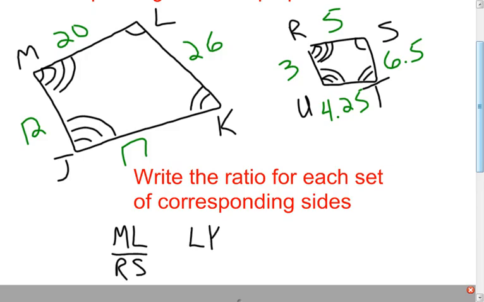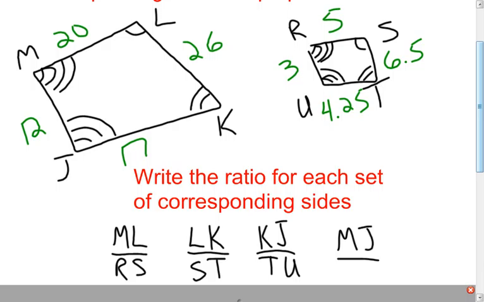The length of segment LK: angles again, single arc and double arc. In my smaller one, single arc and double arc would be the length of segment ST. Then the length of segment KJ matches up with the length of segment TU. And last but not least, the length of segment MJ matches up with the length of segment RU. So those are my ratios.